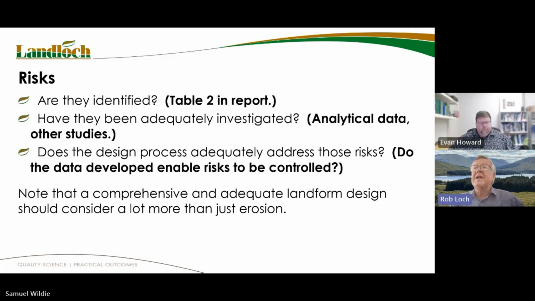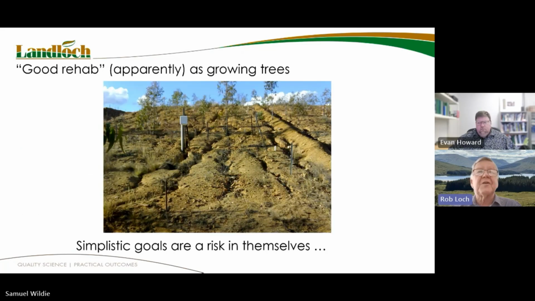I make the point here that a comprehensive landform design should consider quite a range of issues and risks. The next slide is a bit of an old favourite, and I apologise to those who've seen it too many times. This was a trial where the opinion of an ecologist was that the rehab was a raging success because it was growing trees.